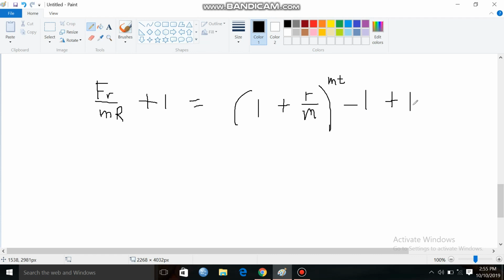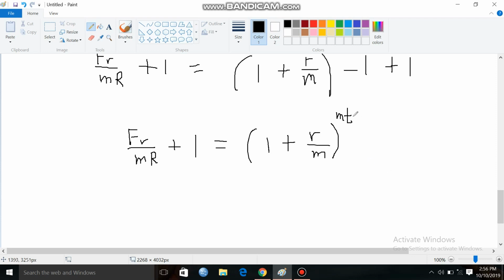So negative 1 plus 1 is simply 0, and this leaves the right side as is. We can write it this way: Fr over mR plus 1 equals 1 plus r over m raised to the power of mt. Next, we need to eliminate the exponent m.